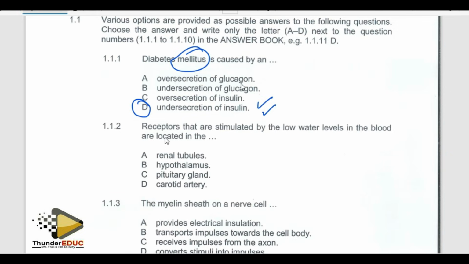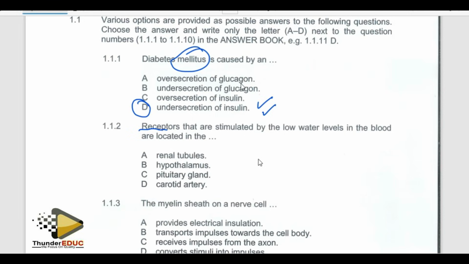Then let's go to the second question, saying that receptors that are stimulated by the low water level in the blood are located in the what? Where do we find these receptors which are stimulated as a result of a low level of water in the blood or in the body?